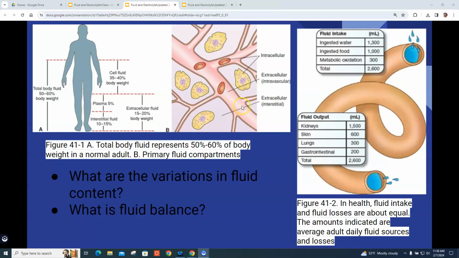But it can also be found inside the vascular space, which is plasma, that surrounds the cells that circulate through the body. And so you have to know where each space is, because you also want to know which electrolytes are abundant in or out of the spaces, and how the shifts can have a drastic effect on a healthy person's body.